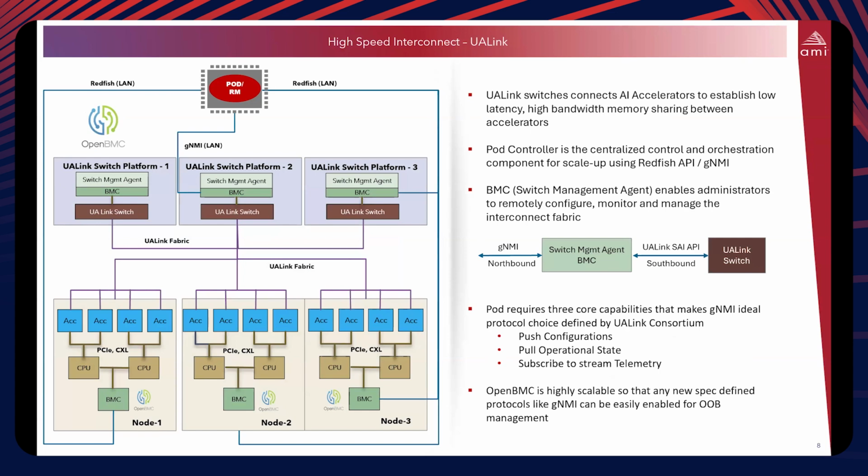And here, the pod is the centralized control, which does the orchestration for all scale-up operations using Redfish and the gNMI protocol. Here, down below, you can see the nodes. These are all the nodes which have accelerators, and they also have a BMC, and that's all connected via this UALink switch platform. And the UALink switch platform has a BMC along with the UALink switch, right?